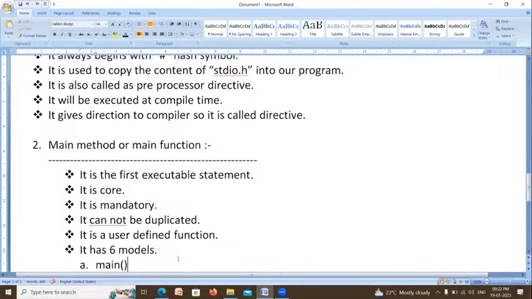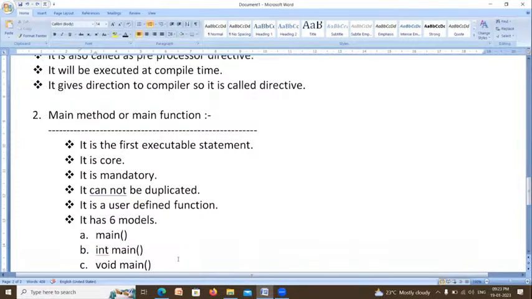It has 6 models. One is main, second one is int main, third one is void main, fourth one is main of void, fifth one is int main of void, sixth one is void main of void.